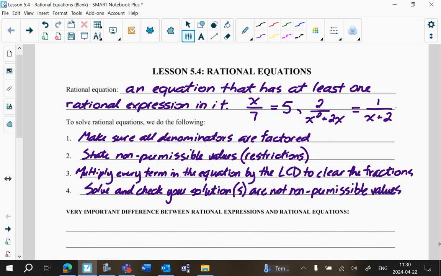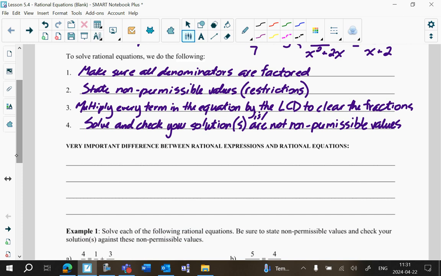Because if you solve and you get an answer that's a non-permissible value, well, you can't have that answer. What's the problem? You'll see in a second.